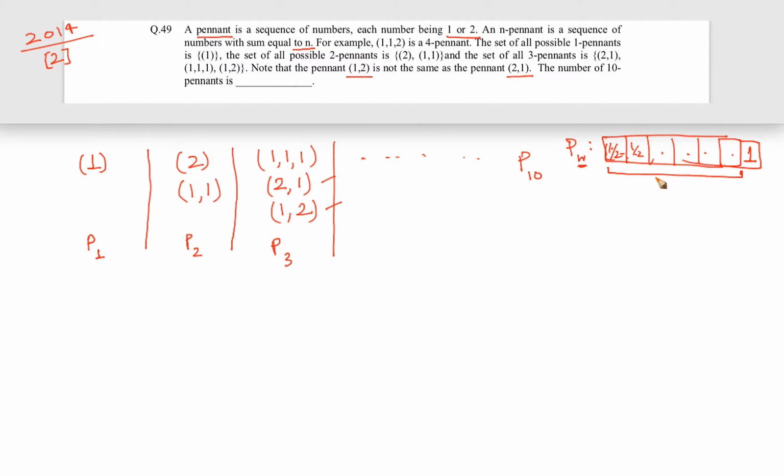You can say that this thing is basically an n minus 1 pennant. So my point is that you take all the n minus 1 pennants, attach 1 at the end, and then you will get an n pennant.